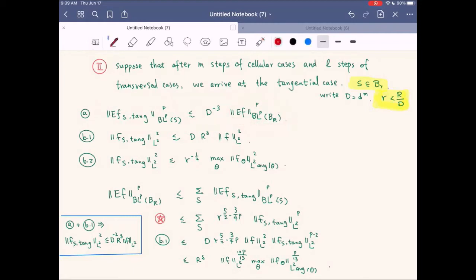What I actually mean is that this S lies in some cell in previous steps, and then we apply the polynomial partitioning for those cellular cases. So this might not seem to be a super strong estimate, but that's just enough.